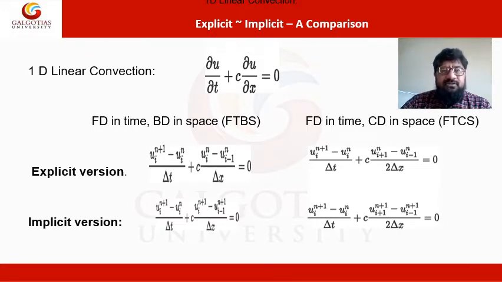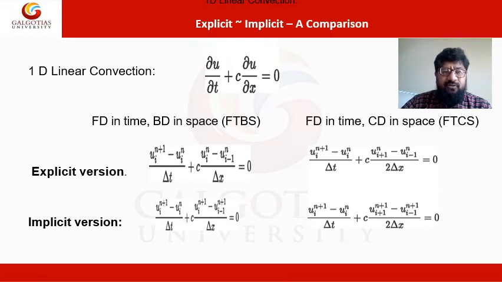So we can discretize this using different schemes. We will discretize del u by del t by forward finite difference, and we can discretize del u by del x by backward difference, central difference, or forward difference.